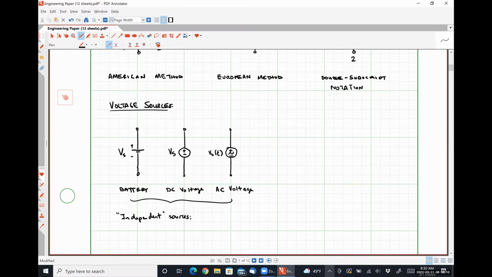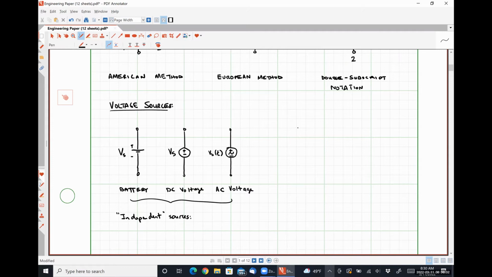The voltage for an independent voltage source is fixed, and the current is whatever it needs to be. Okay, so the voltage is fixed, the current has an undetermined value, which has nothing to do with the voltage being supplied.